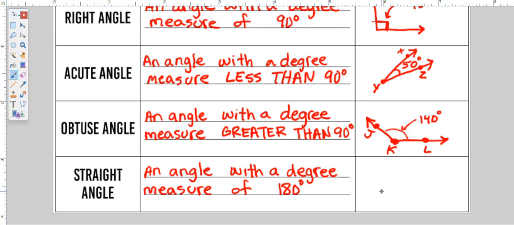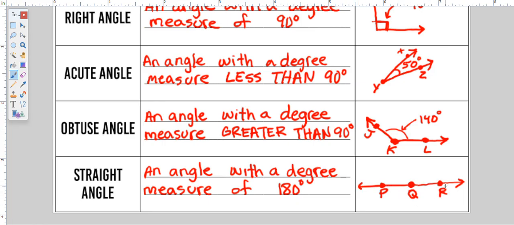Okay, so here we go. I have two rays here that have the same endpoint. We'll call this endpoint Q, and then this ray was PQ, and this ray was QS or QR.